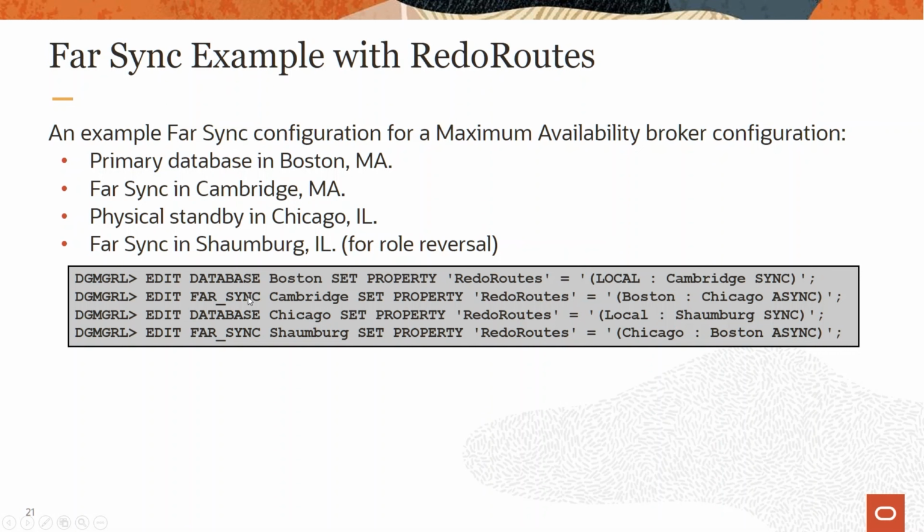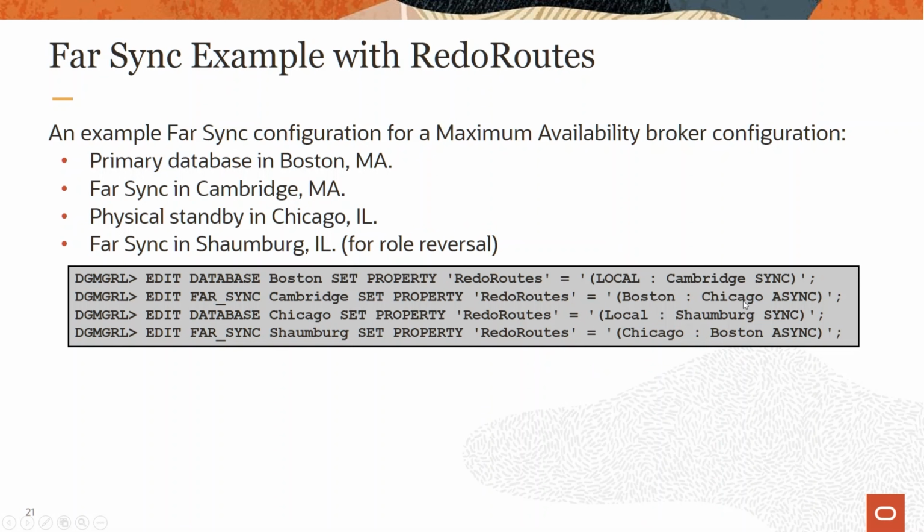And also far sync Cambridge instance, it transport redo to Chicago asynchronously. But we have a condition, if primary database is Boston. So meaning that Boston transport redo to Cambridge, Cambridge forward the redo to Chicago.